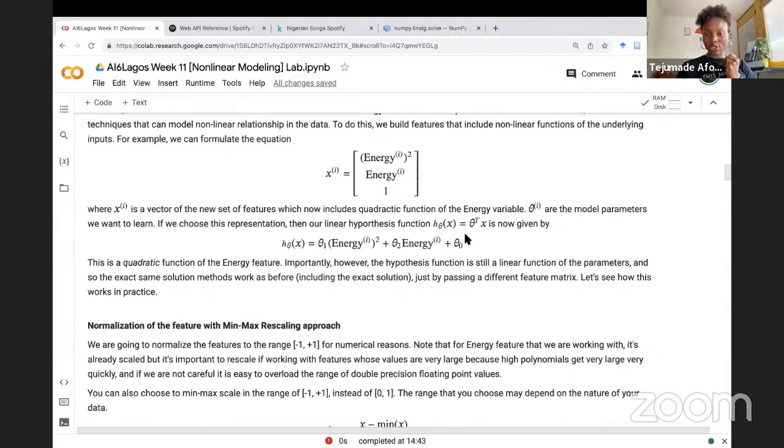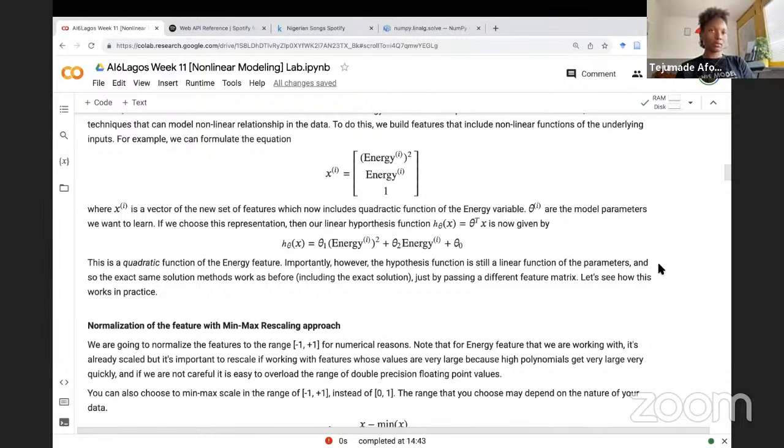And you can continue to have theta3, theta4, theta5, if you have more features. So each of the features has a weight or a parameter that you want to learn. You're learning a parameter per feature. Does that make sense to you?